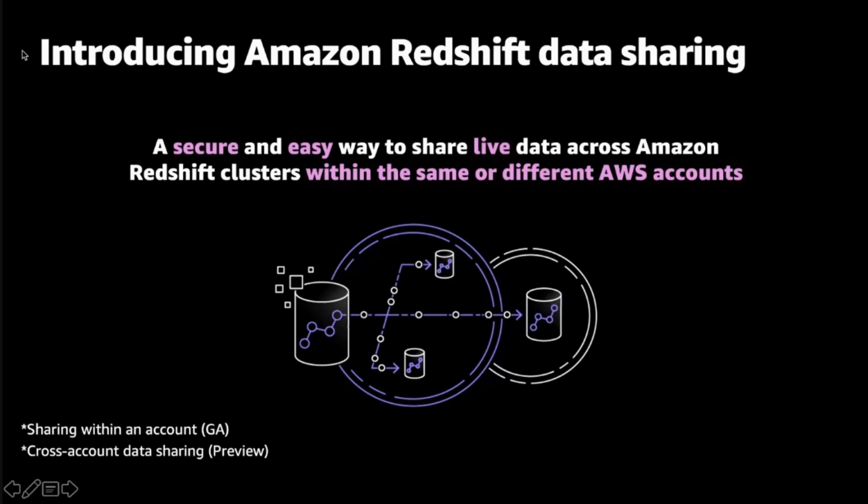The ability to share data across clusters within the same account became GA a few months back. And now we also have the ability to share data in clusters that are in different AWS accounts, essentially cross-account data sharing. Now we have it in preview.